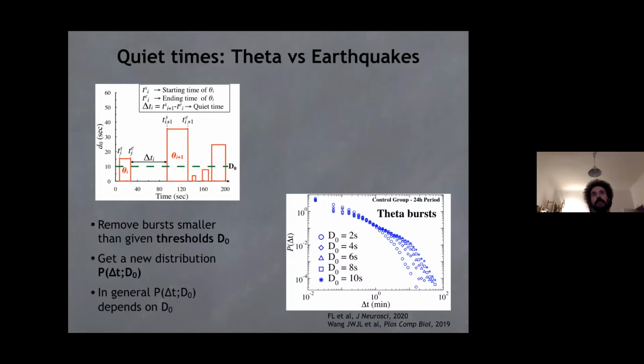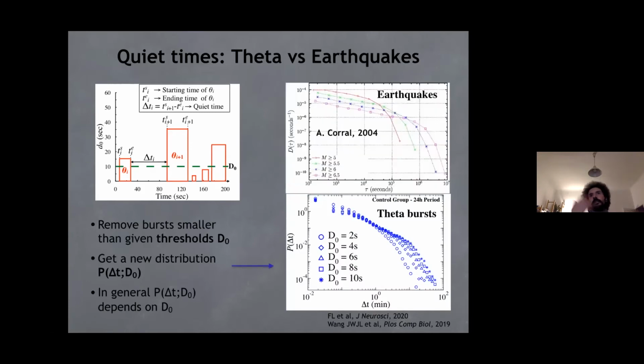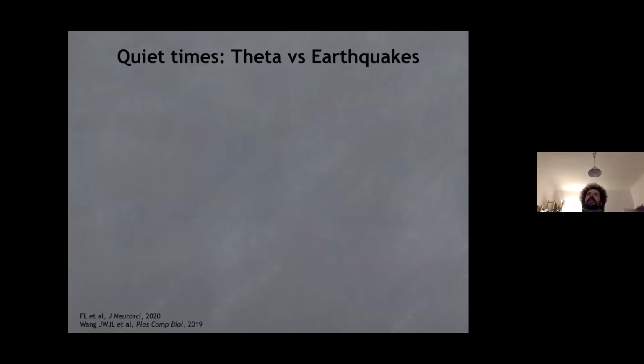And the same happens when you do this analysis for earthquakes, right? What we know for earthquakes is that this distribution only depends on the average rate. And indeed, when you rescale by this average rate, all the distributions collapse into the same scaling function.